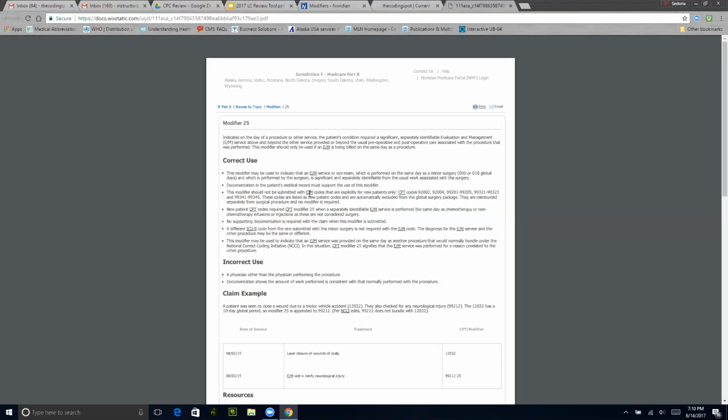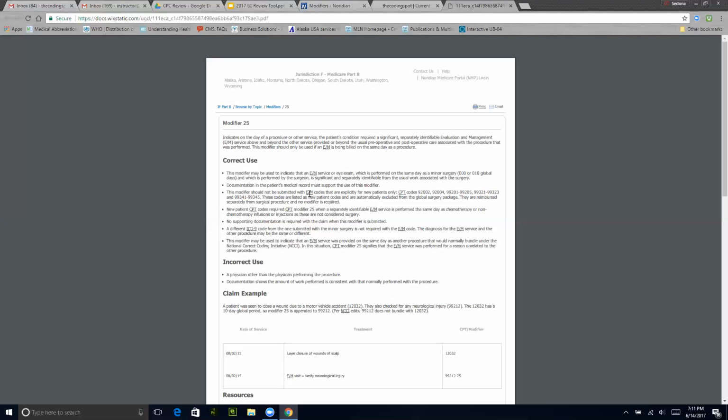So here we find out the correct use and the incorrect use. So the correct use is giving us an example here. The modifier may be used to indicate that an E&M service or eye exam is performed on the same day as a minor surgery. So in our global surgery days, which are also in our CPT book, we know our global package or global surgery for minor surgery is 0 to 10 days.